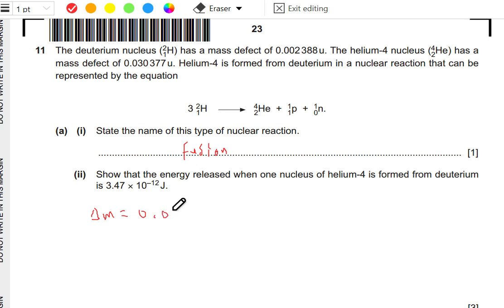So I'll write this large number and make the calculation to find the mass defect through the whole reaction.